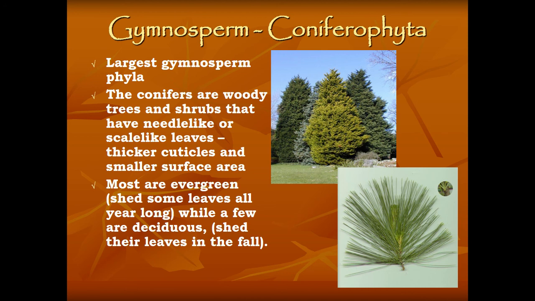They are the largest gymnosperm phylum, and these conifer trees here are woody trees and also shrubs that have needle-like or scale-like leaves, and they have a very thick cuticle and smaller surface area. So most are evergreen plants, while a few are deciduous, in which they shed their leaves in the fall.